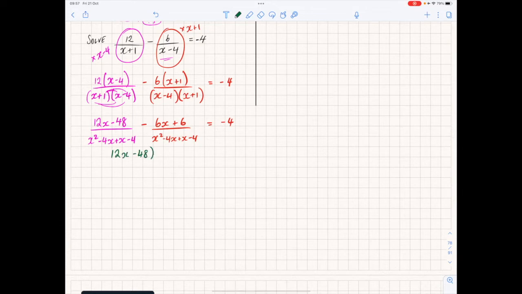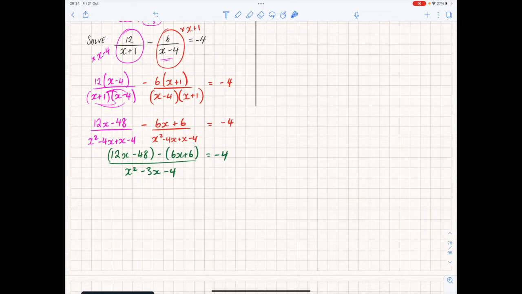What I'm going to suggest we do, though, is the pink one and the red one, we actually write and put in brackets. The reason we do that is because there's a negative involved. Minus 4 plus x gives me minus 3x, and then minus 4 equals minus 4. Now, as I said, the reason that I've put this in brackets is because sometimes what you'll end up having in a question is something like 12x minus, and then there might be a minus 6x there.